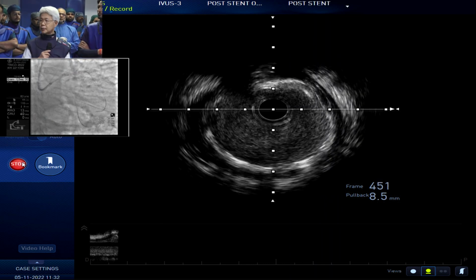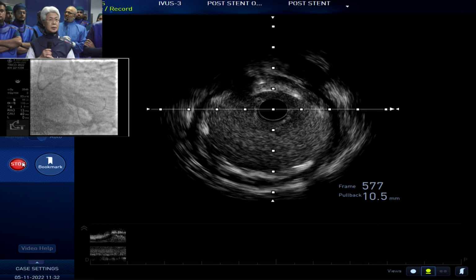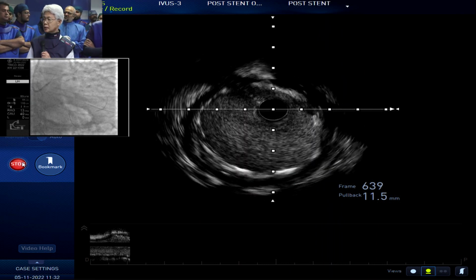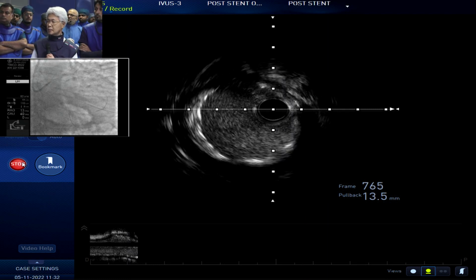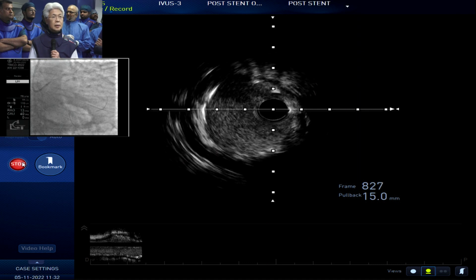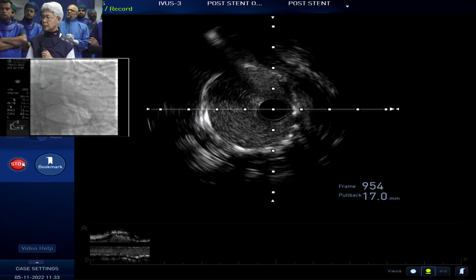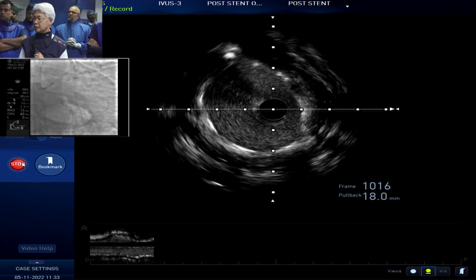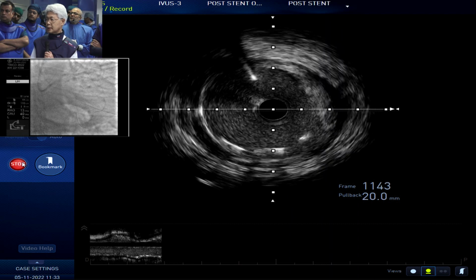Diagonal. Yeah. Stent? Yeah. Side branch, circumflex. Circumflex, yes, just coming, right?